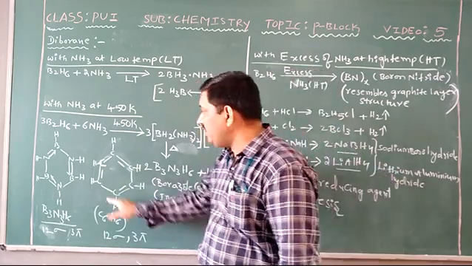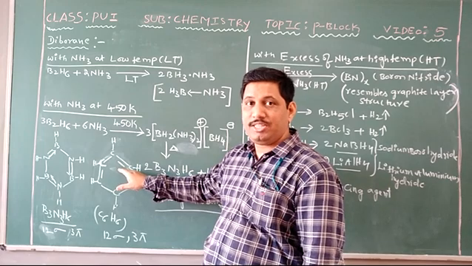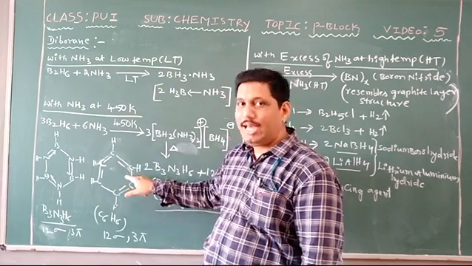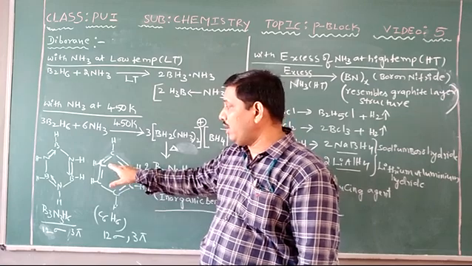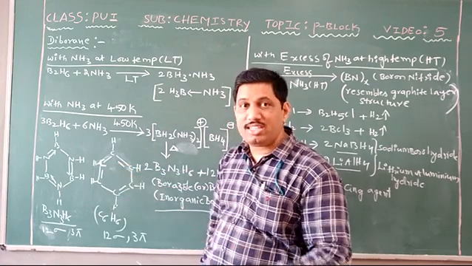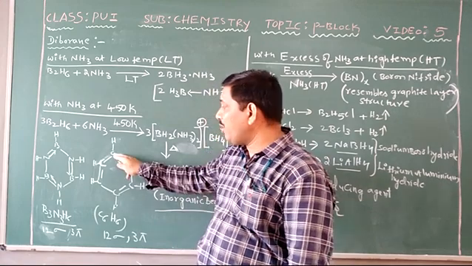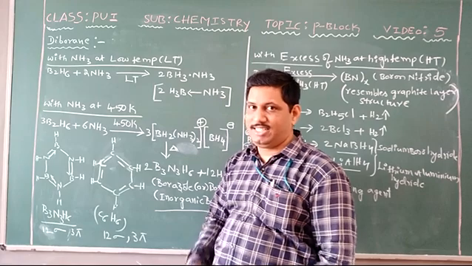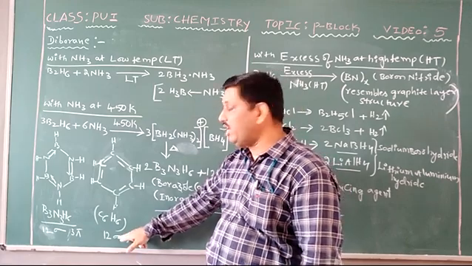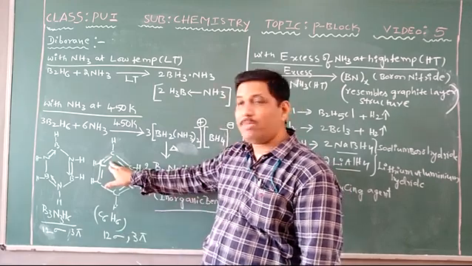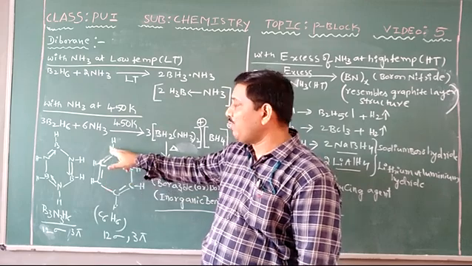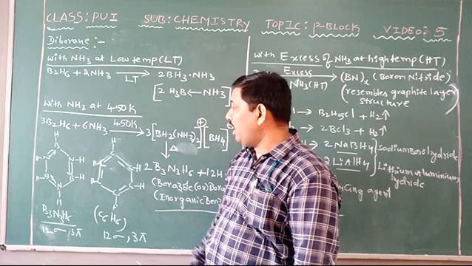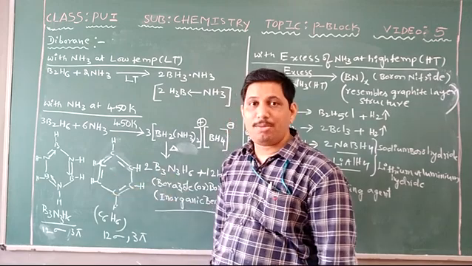About the structure of benzene, as we know, in the benzene ring the 6 carbon atoms are arranged at the 6 corners of a hexagon, and in between the carbon atoms, double bonds are arranged alternately, and each carbon atom is bonded to one hydrogen atom, with molecular formula C6H6. And how many sigma bonds, students? 12 sigma bonds. Between the carbon atoms, 6 sigma bonds. Carbon and hydrogen, 6 sigma bonds. Totally 6 plus 6, 12 sigma bonds. And there are 3 pi bonds.